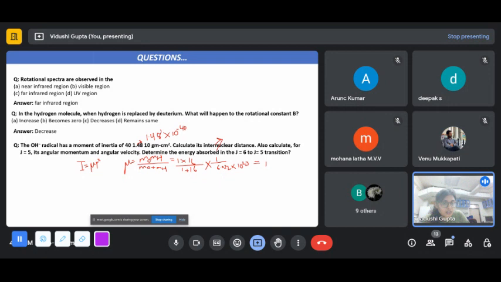1.56 into 10 raised to the minus 24 gram. So now substitute the value here and just tell me what will be the value of the internuclear distance.